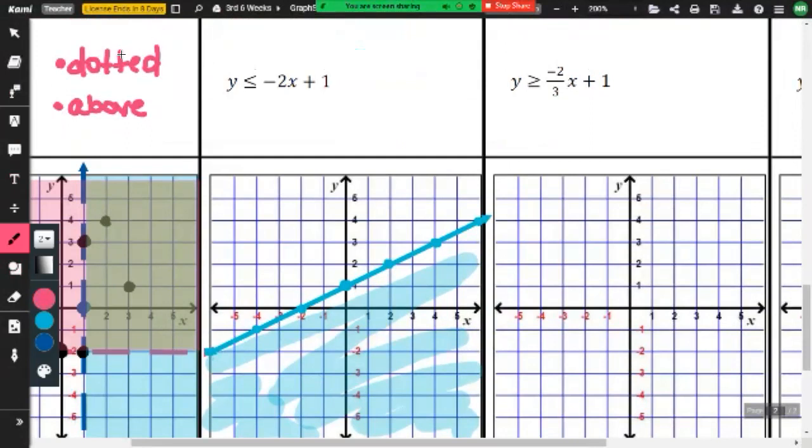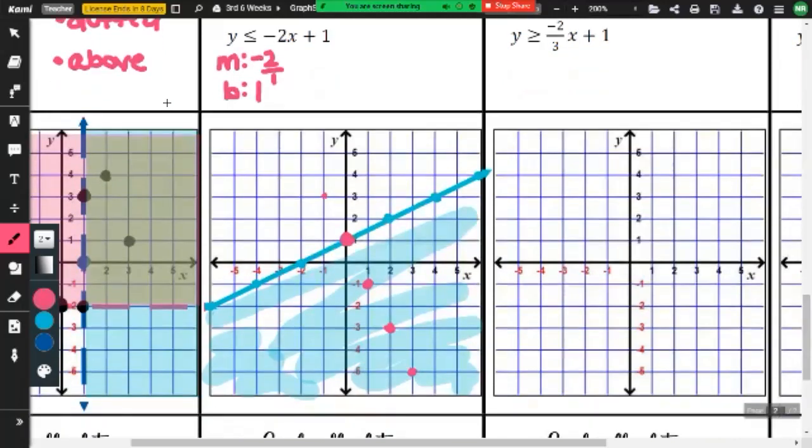This one also has a y and x, so there is a slope and a y-intercept, m and b. This is a -2/1 slope, and my y-intercept is +1. So I'm going to start here at the +1, down 1, right 1, and down right again. I can go up to the left.